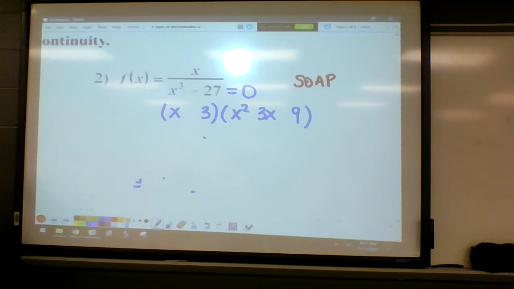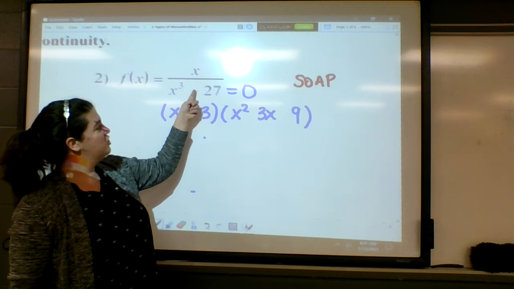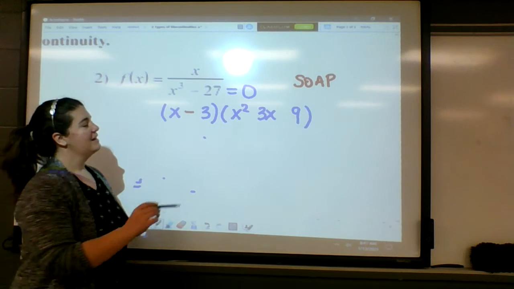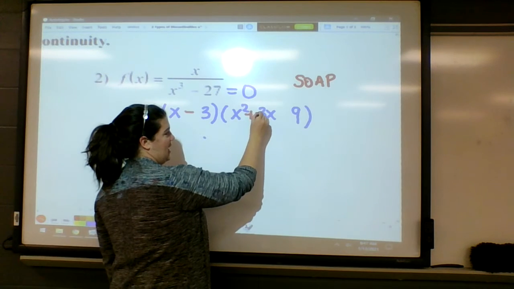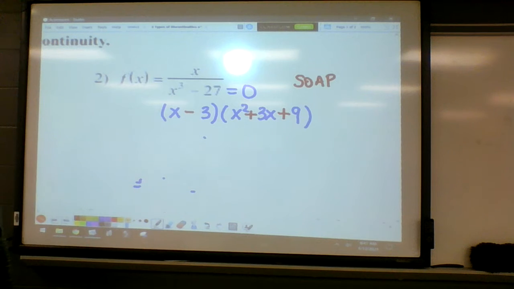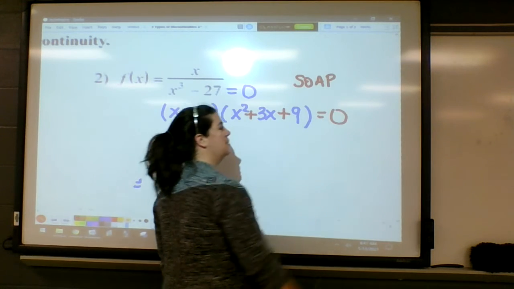It's because you were putting in the wrong signs. So be extra careful. So S stands for the same sign as the original. Well, the original has a negative, so this should be negative. Then we go opposite of that, which would make this one a positive, and then AP is always positive, always positive. And you're trying to figure out where this is equal to 0.